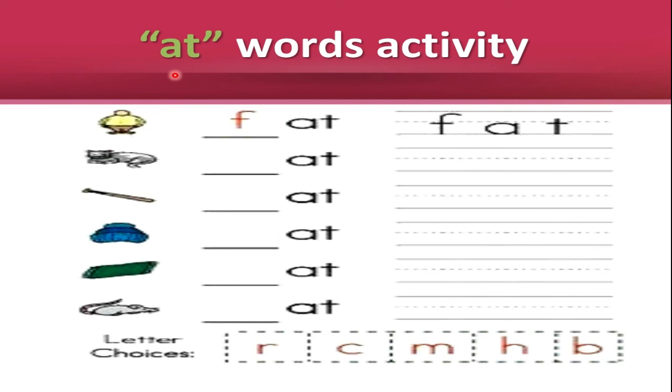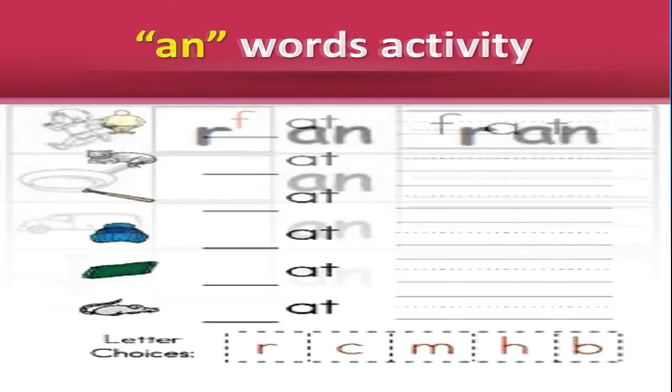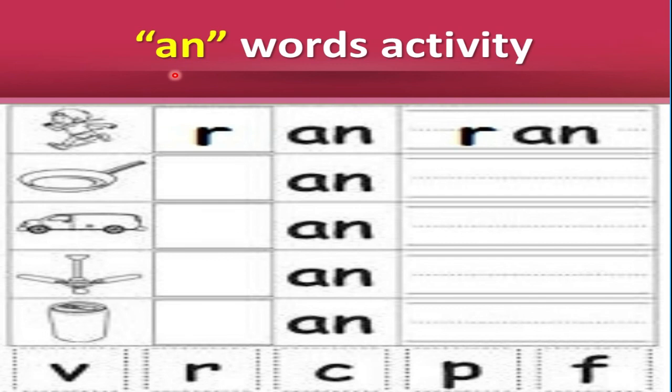Now, according to the picture, you have to form the word by choosing the correct letter given below. Activity number 2 is AN words. So, in the same way, we are going to complete the words by looking at the given picture and select the correct letter. Then you may color the picture.